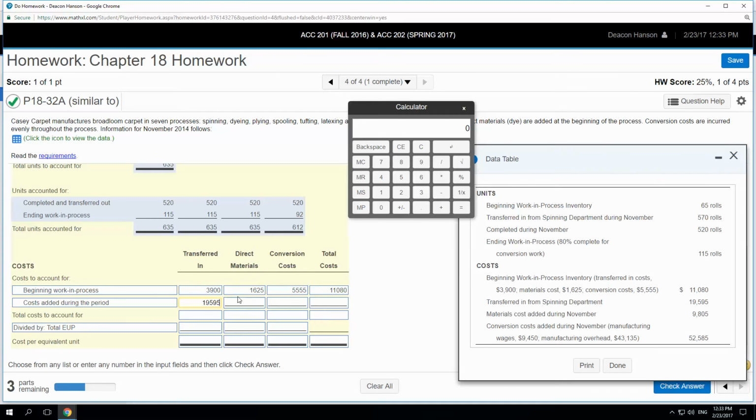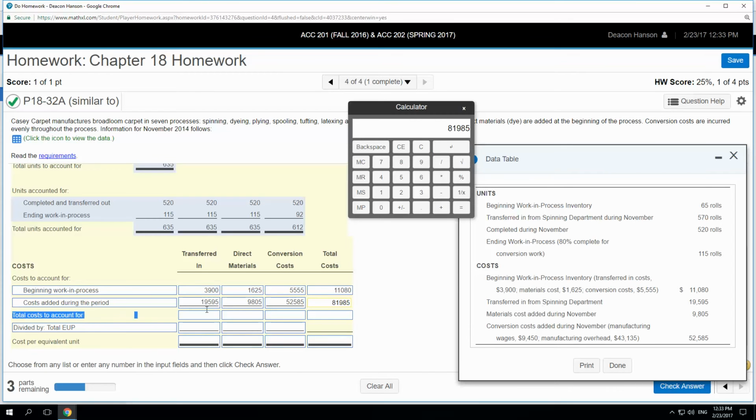Materials added, so $9,805, and then conversion costs, $52,585. And then we can add those across. That gives me $81,985.